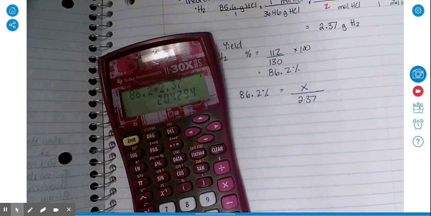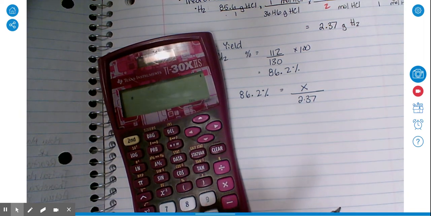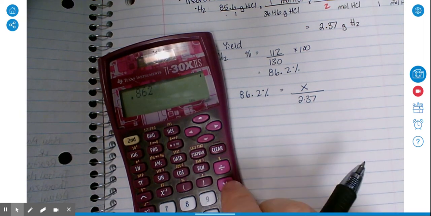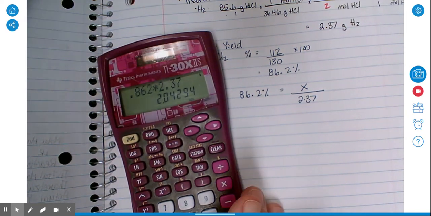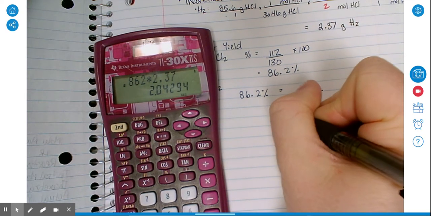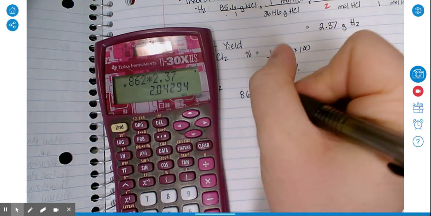You get a gigantic number. That can't be right. Okay, don't do the percent. Let's try the decimal. 0.862 times 2.37. Yep, okay, that looks good. So our actual yield would be 2.04.